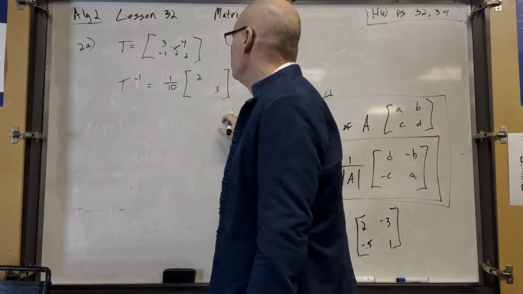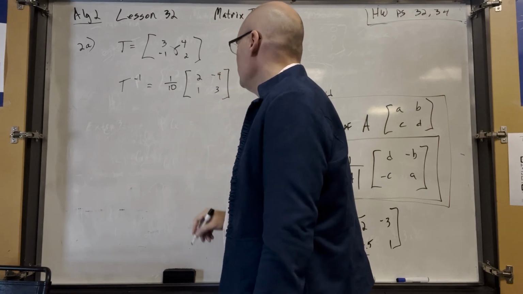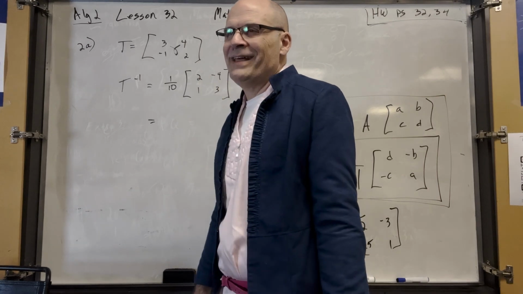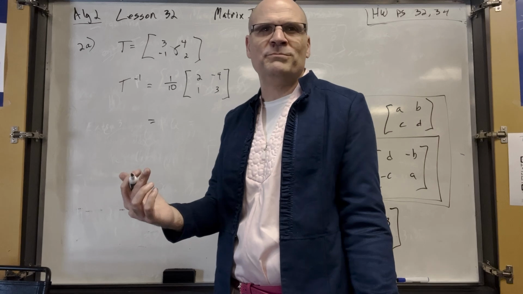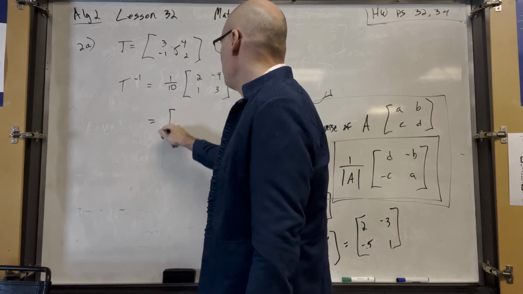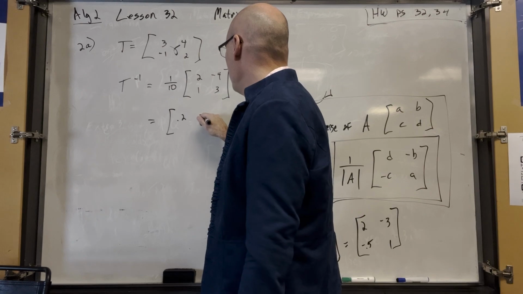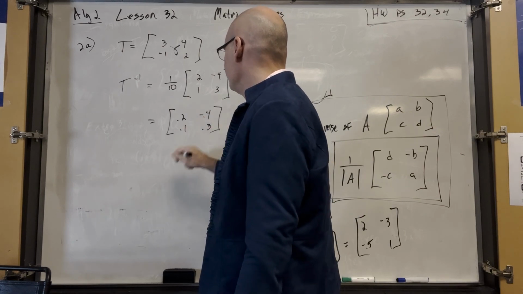Negate what? The 4 and the 1. Yep, so -4 and +1, and don't swap them. There you go. Now just do the math. What's 1/10 of 2? Tenths is easy because dividing by 10 is just moving the decimal over one place to the left. 0.2. So that's 0.2. And then that's -0.4. Here's 0.1 and 0.3. That's it.